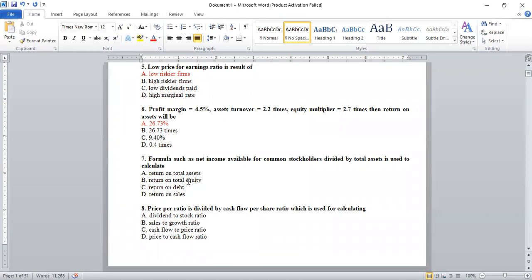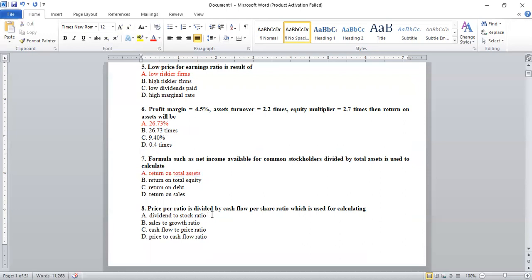Question 7. A formula such as net income available to common stockholders divided by total assets is used to calculate return on total assets.